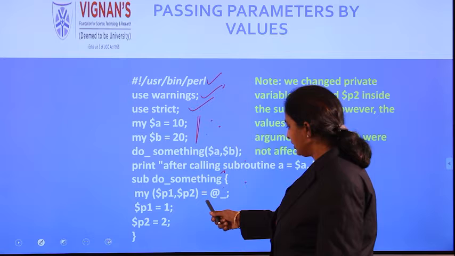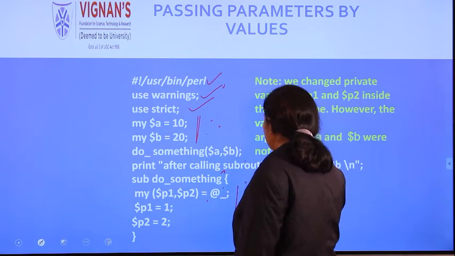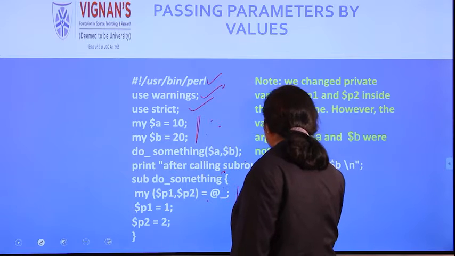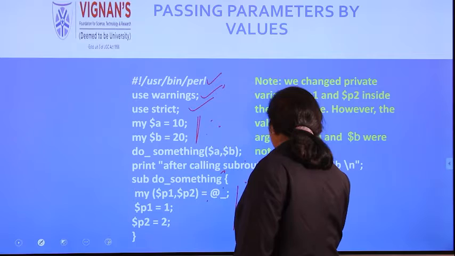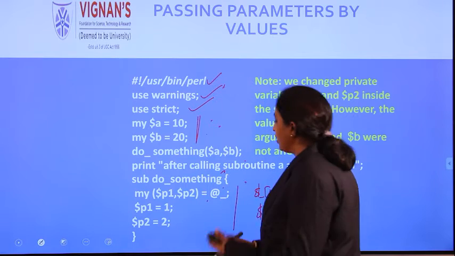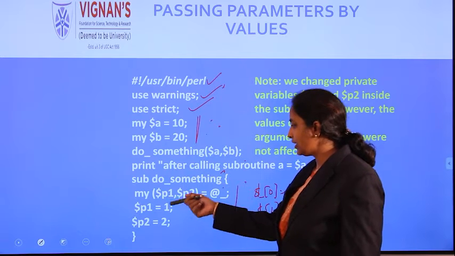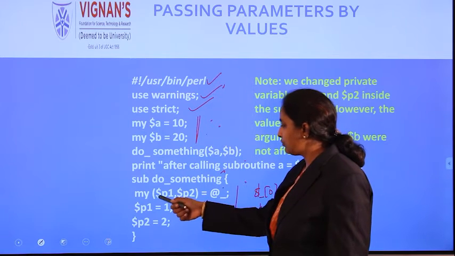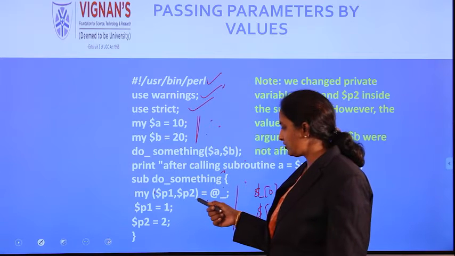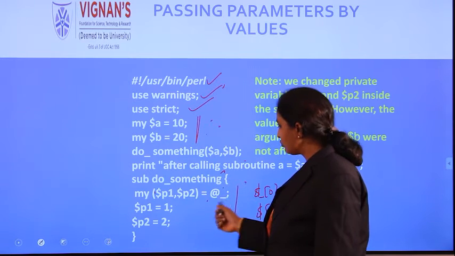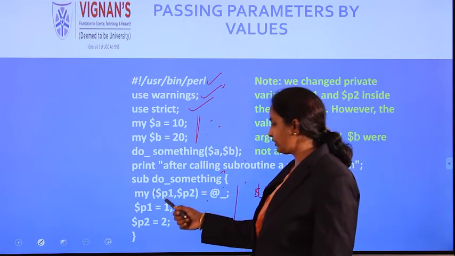Now coming to here, earlier in this part what you have seen, $_[0] is equal to 1, $_[1] is equal to 2. This is what you observed. But here you observe what is there. Here you are having one more function called my. In that your parameters are there. That parameters are P1 and P2, two variables.